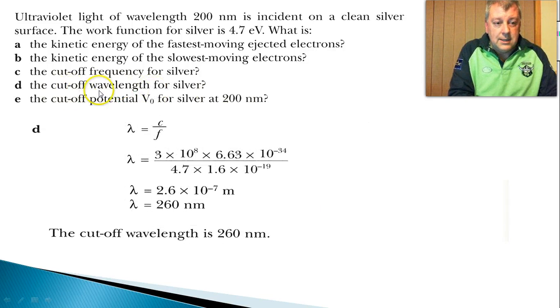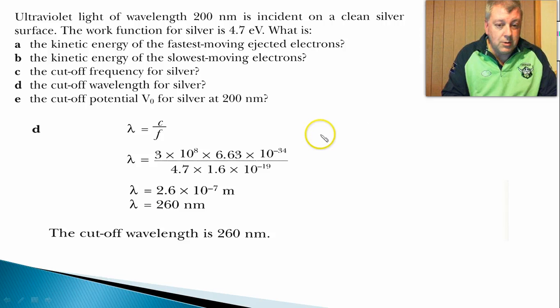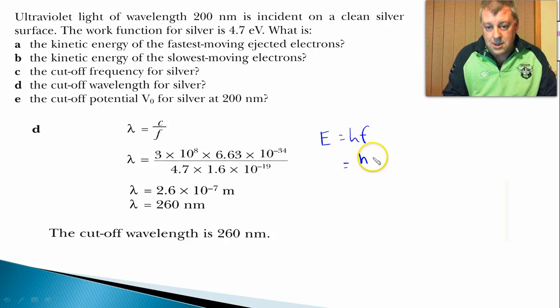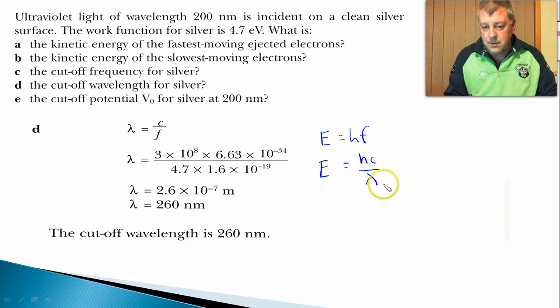Okay, let's have a look at D, the cutoff wavelength for silver. What we know now is we can use the equation E equals hf, and then we make that into hc on the wavelength. If we rearrange this, because we're after the wavelength, we get wavelength equals hc on E, where of course we're dealing with standard units, and so wavelength is going to be in meters.